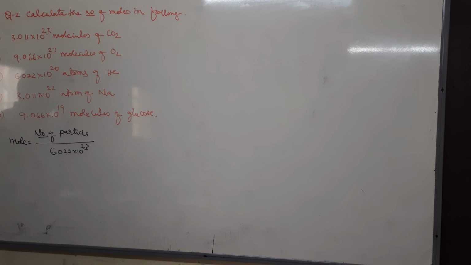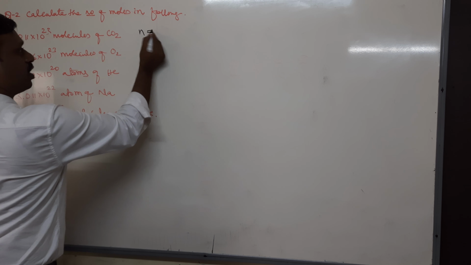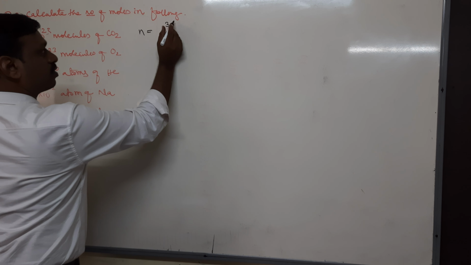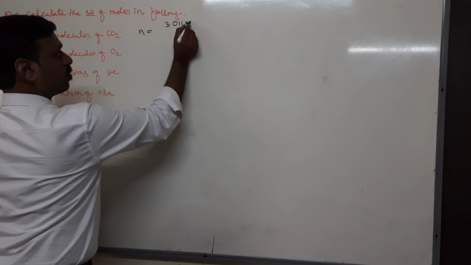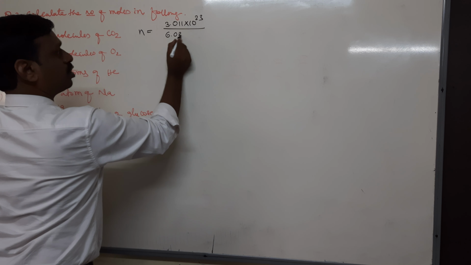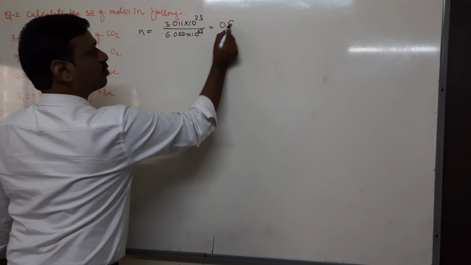So therefore, tell me, what is the number of moles in the first one? Number of particles is given: 3.011 into 10 power 23 divided by 6.022 into 10 power 23. So it is nothing but 0.5.